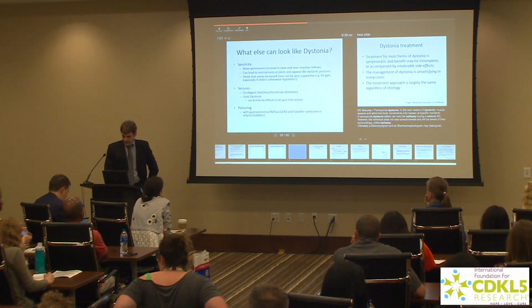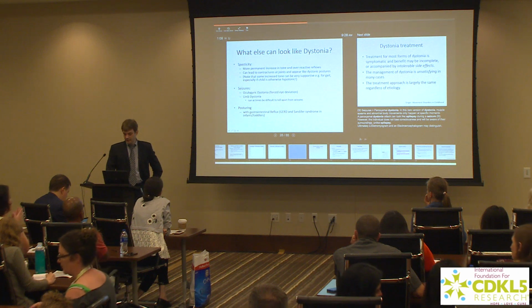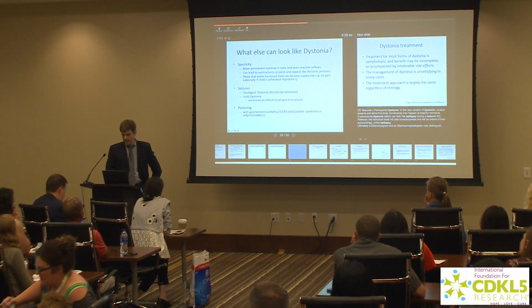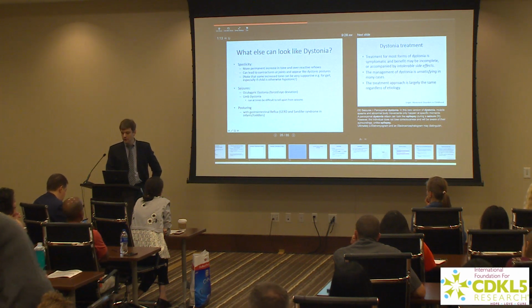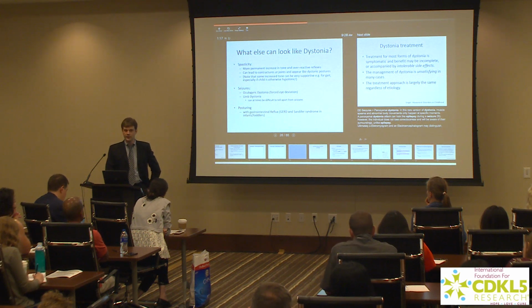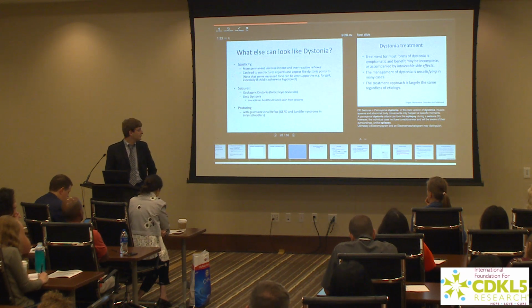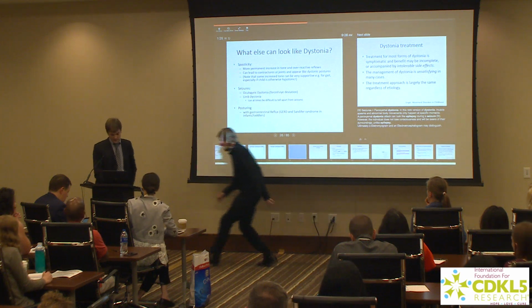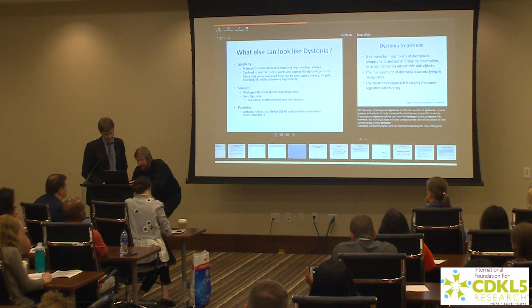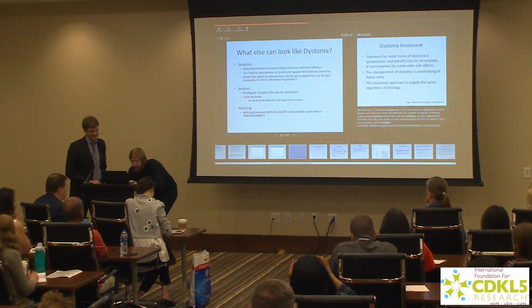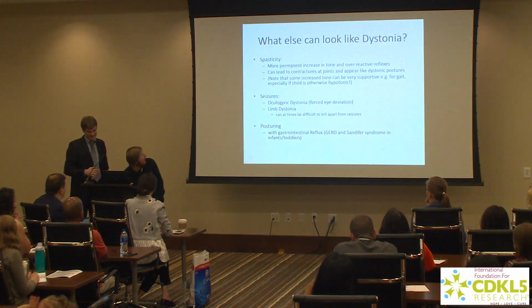A big worry, at least in Rett syndrome, is that a lot of these dystonic episodes, as I had alluded to, can look like seizures. There are dystonic episodes of forced eye deviation that can look very scary, very seizure-like without really being a seizure.